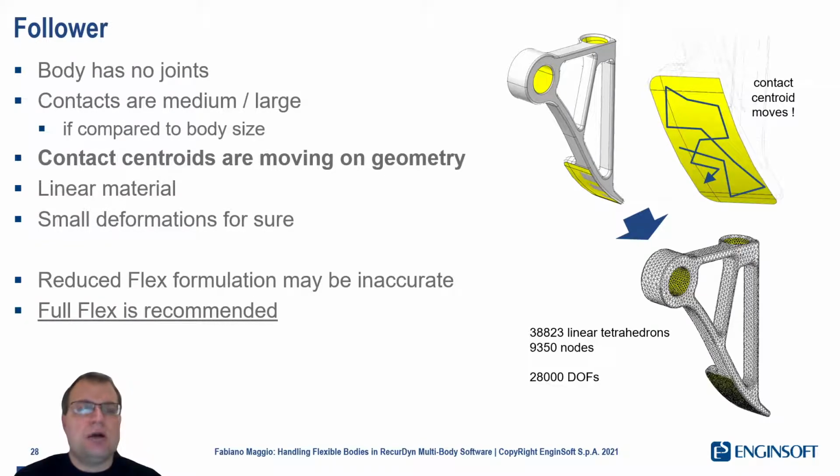If it is not possible to know the master nodes, and these master nodes are not fixed with respect to the body, then we are forced to use the full flex formulation. In this case, we go for that, because especially for the contact between the follower and the cam, there is no possibility to set this master node. So in this case, we have 28,000 degrees of freedom, and we have to live with that.